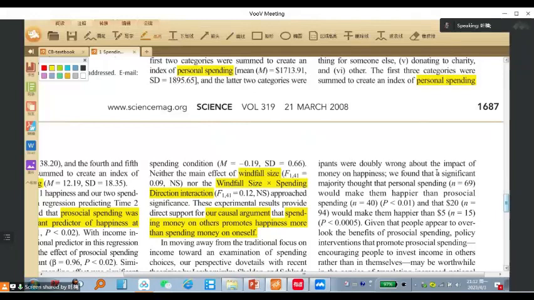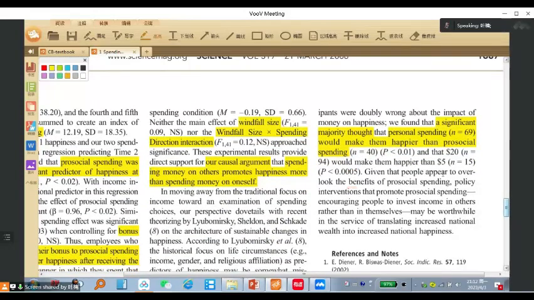A significant majority thought that personal spending would make them happier than social spending, and that $20 would make them happier than $5. Why? Because people appear to overlook the benefits of pro-social spending. So policy interventions that promote pro-social spending may be worthwhile in the service of translating increased national wealth into increased national happiness.